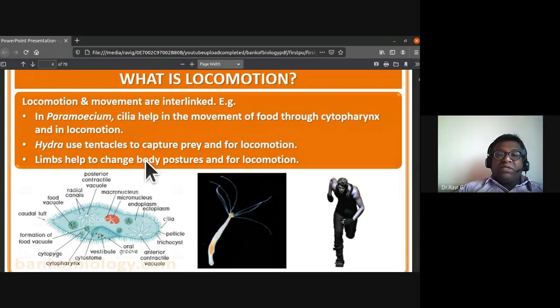So Hydra uses tentacles to capture prey and also for locomotion. So these are the tentacles. Even in case of octopus, you can see those eight arms rather. We can't call them tentacles. The arms help them in movement as well as in capturing the food.